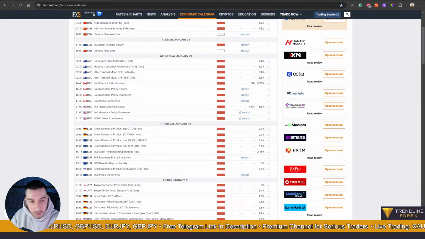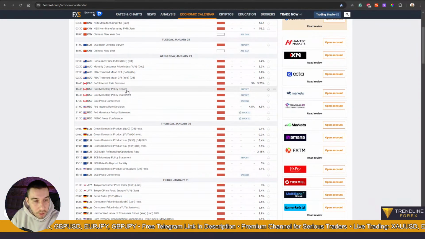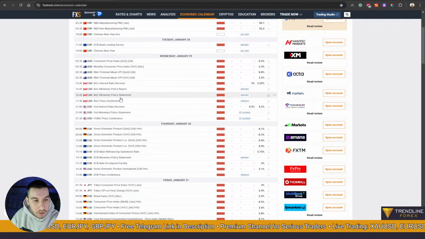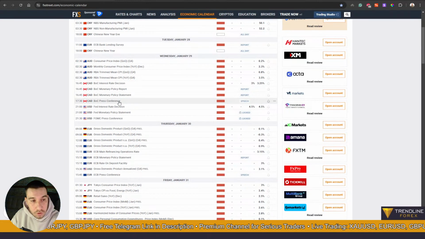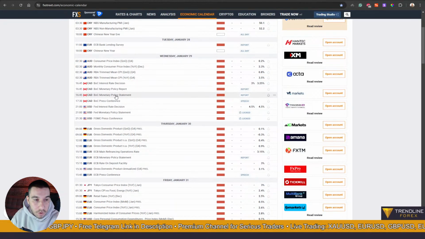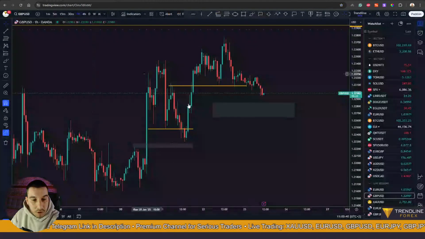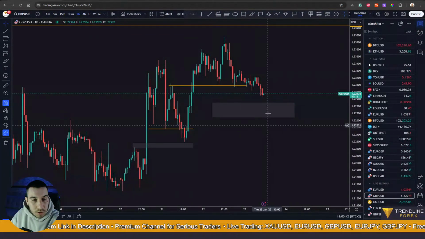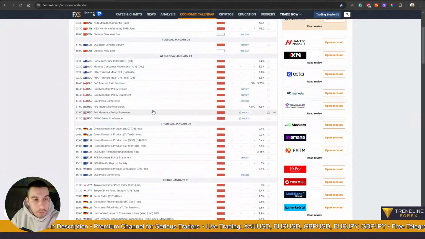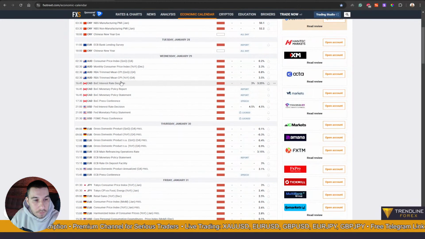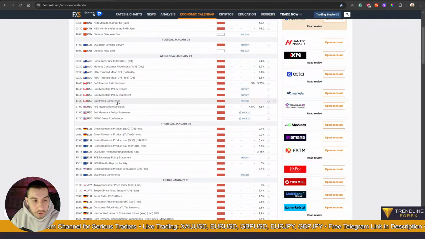I don't really trade USD CAD anyway, or any CAD pairs. But for those of you who are, make sure to mark out this event on your calendar or on your chart. You can just place a vertical level for Wednesday. Obviously, you've got the interest rate decision, and then you've got the press conference about half an hour later.